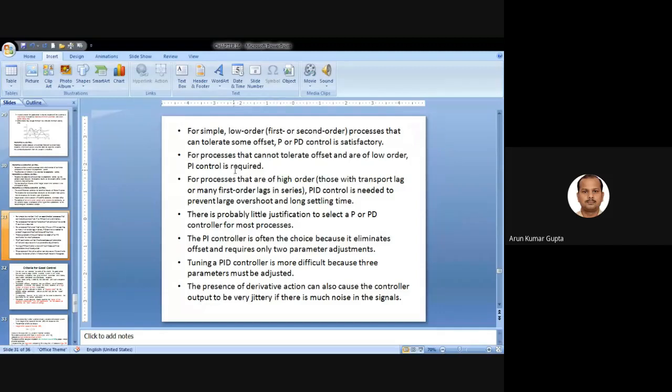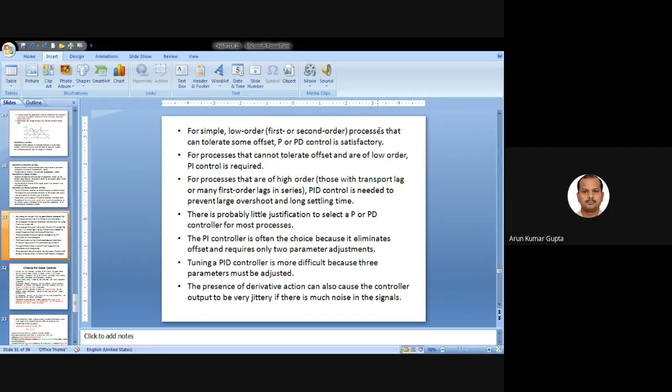Now you can see the application part. For a simple low order process, where we want rough control, low order and high order are defined in terms of how much variation you want.